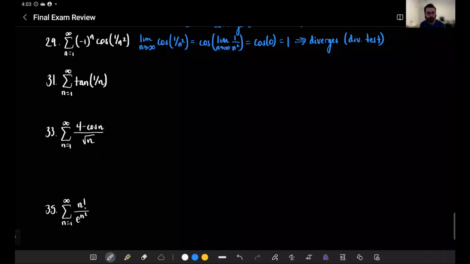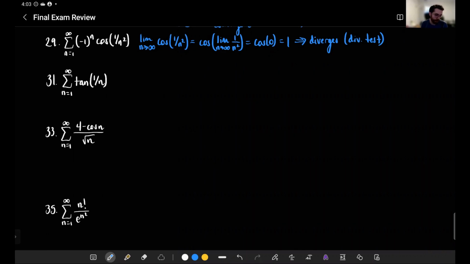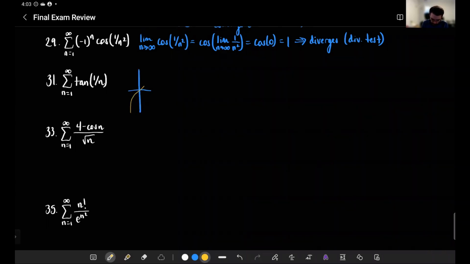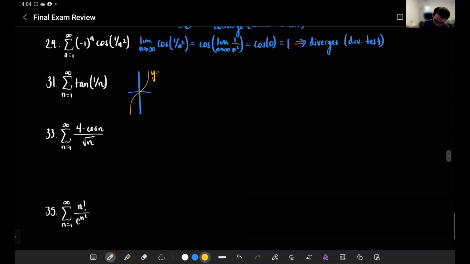Okay, next one on the docket is number 31. 31 is a tricky one. It helps if you think about the graph of the tangent function. So the tangent function looks something like this. Okay, that's y equals tangent of x.